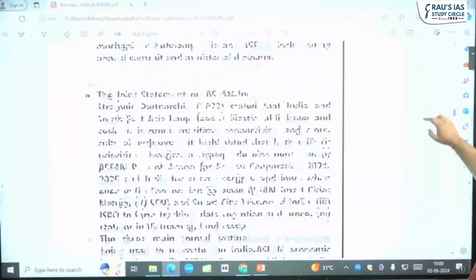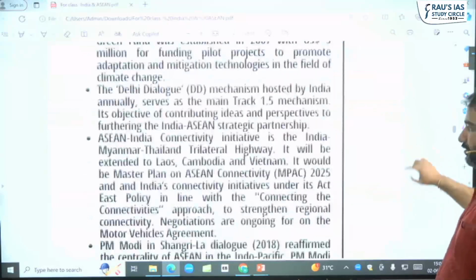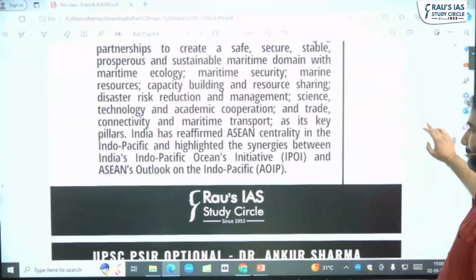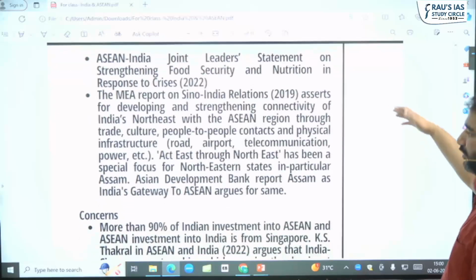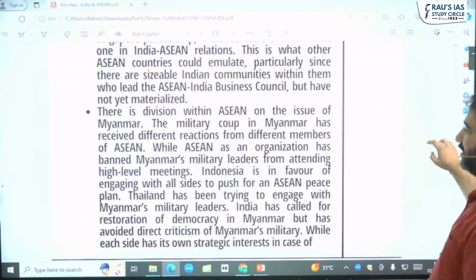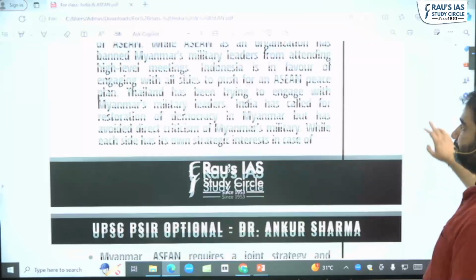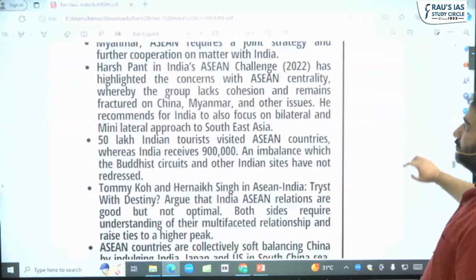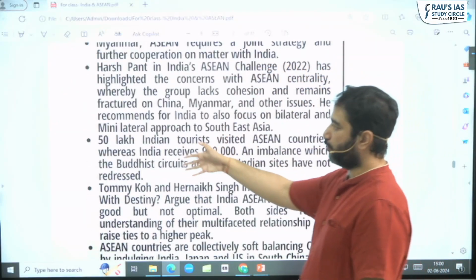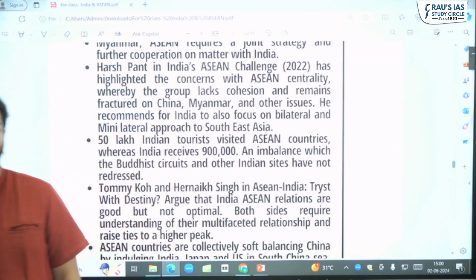So if you see here, to the end, what the MEA report says, what other thinkers have said on the India-ASEAN relationship. Like what Harsh Pant has said, what Tommy Koh has said, various other thinkers in relation to India and ASEAN.